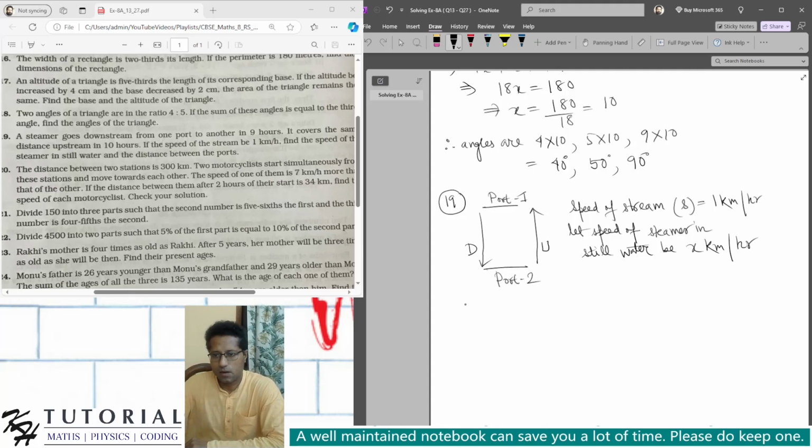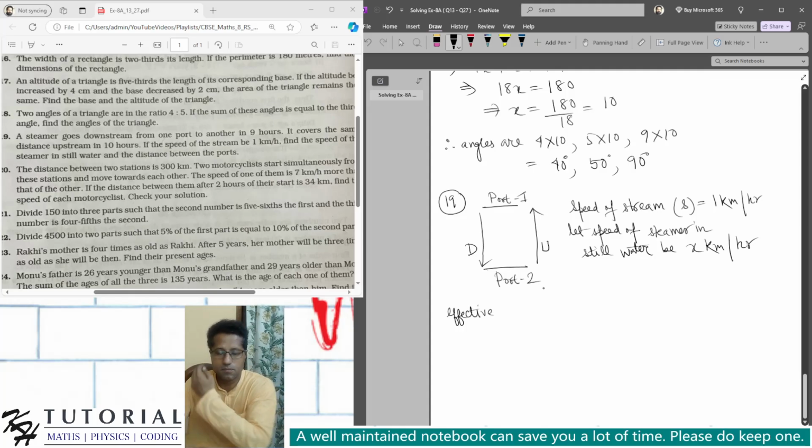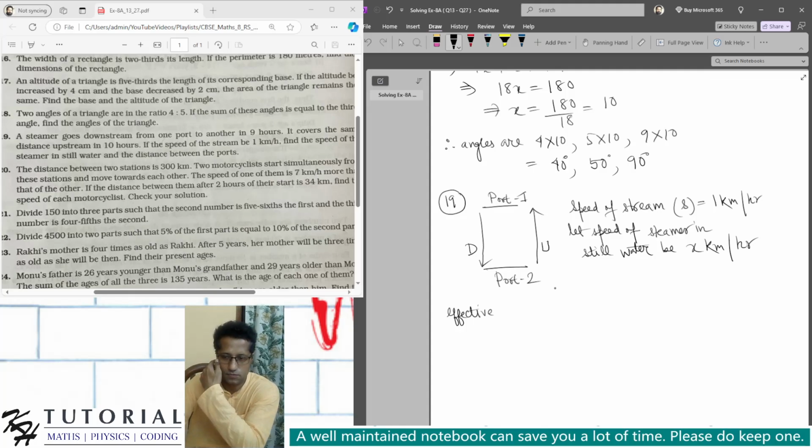Now please note that we have assumed the speed of the steamer in still water, but when it is moving in the water, the stream is having a speed of 1 kilometer per hour. So its effective speed will change depending on whether it is moving downstream or upstream.